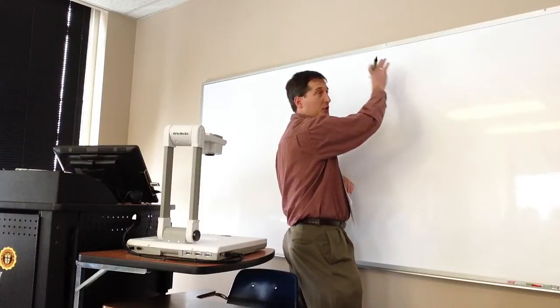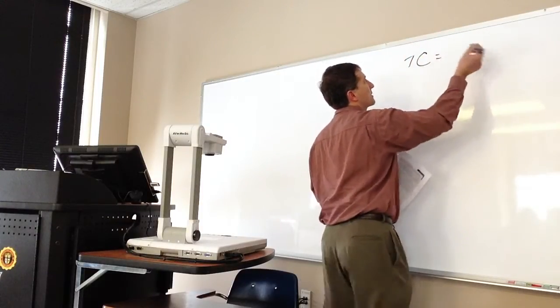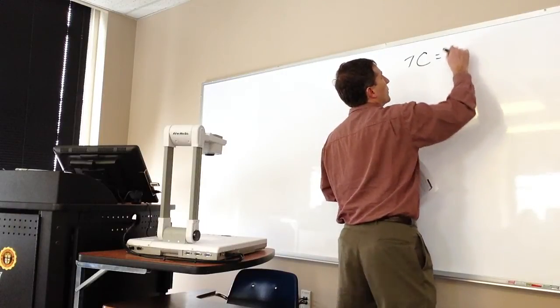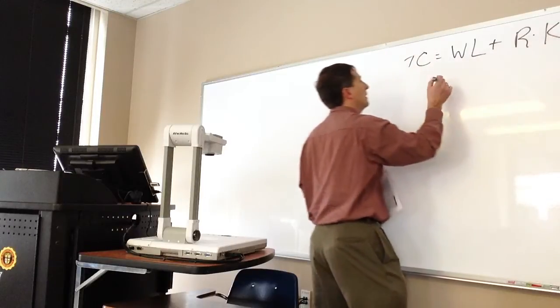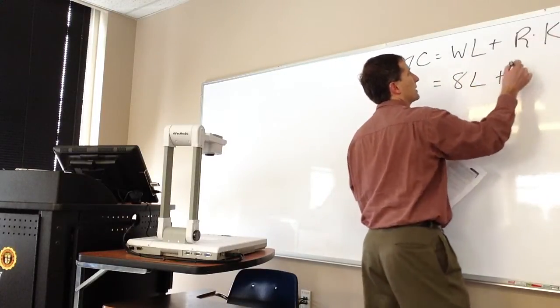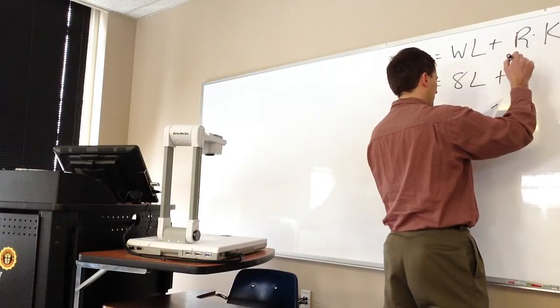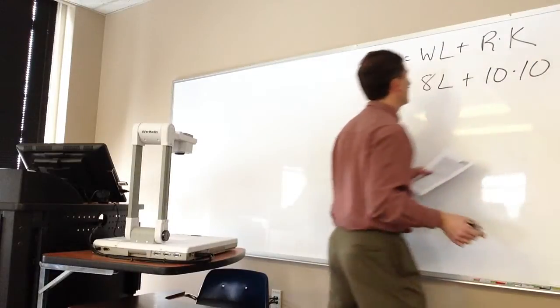So that's what's going to be the missing link here at 200. The production function tells us that amount. So we've got total cost in its generic form, wage times labor plus rental rate times capital. What do we got? $8 times labor plus, we know the rental rate of 10 times 10 units of capital.